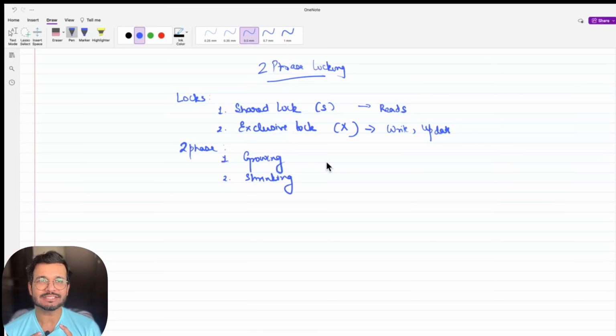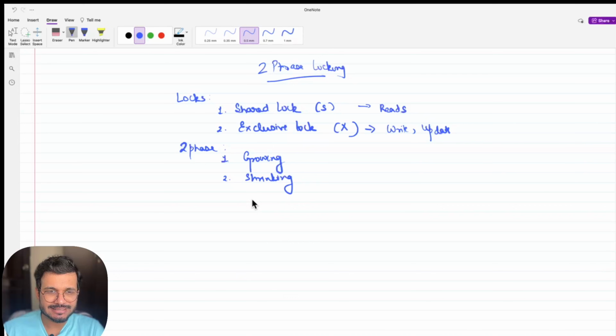Growing is when you're acquiring locks and locks and locks. You're growing with the number of locks you have. Shrinking is when you're releasing the locks. So any transaction happens in two parts. First, once it grows, it keeps on growing. And when it starts shrinking, it keeps shrinking. It will never grow again once a transaction goes into the shrinking phase.